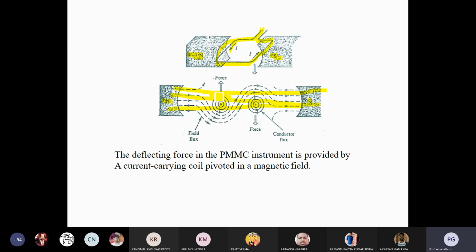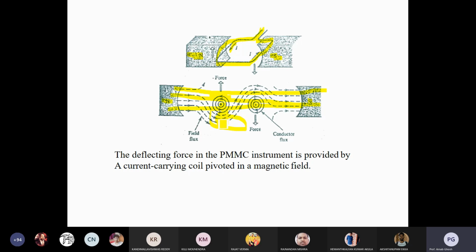Then this portion will be a place for storing potential energy. Again, a similar thing happens here. So both ends have more potential energy, so it tries to reduce that or convert it to kinetic energy. That may cause rotation in this direction.